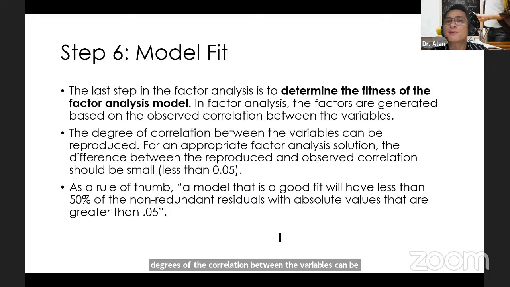For an appropriate factor analysis solution, the difference between the reproduced and the observed correlation should be small, less than 0.05. Meaning to say, a model with a good fit will have less than 50% of non-redundant residuals with absolute values greater than 0.05.